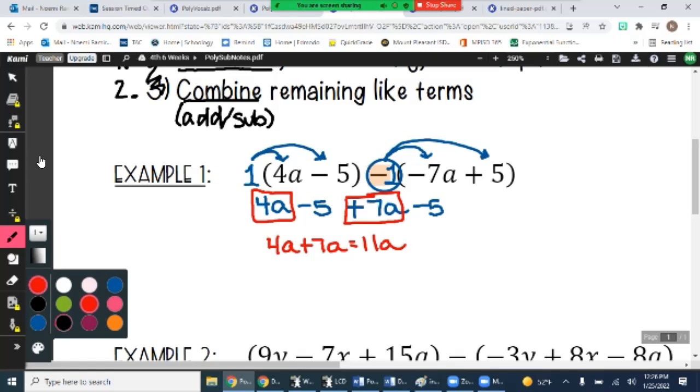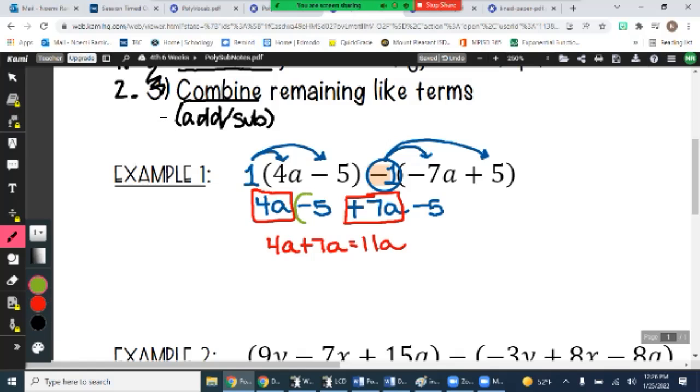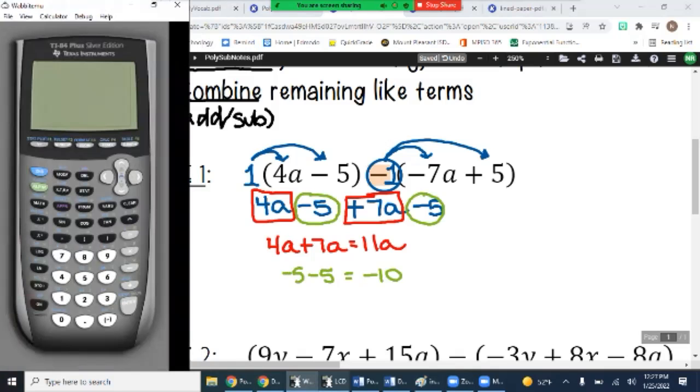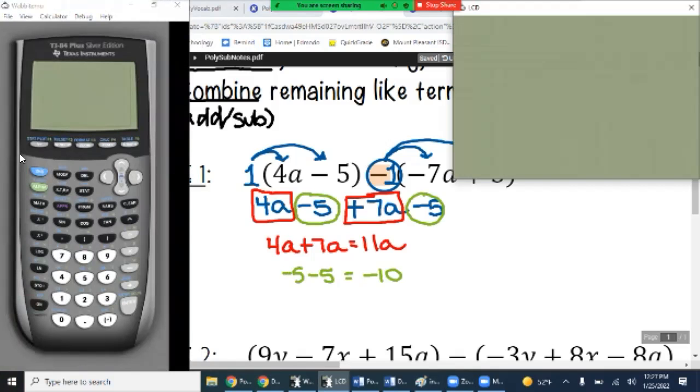Now be careful with this next one. I'm going to combine -5 with -5. -5 minus 5 gives me -10. Correct. Even though I addressed this yesterday, some of us were still not doing that correctly.